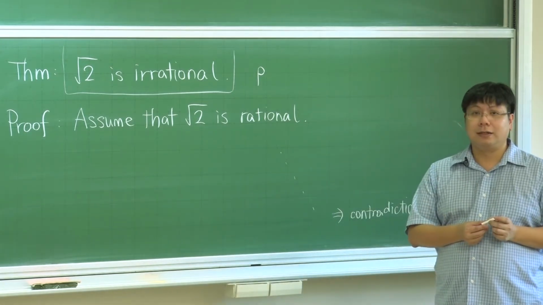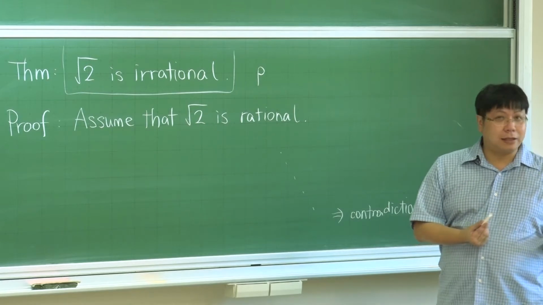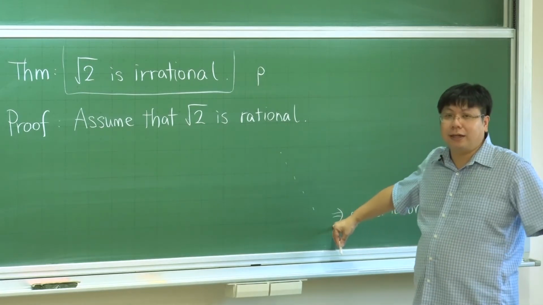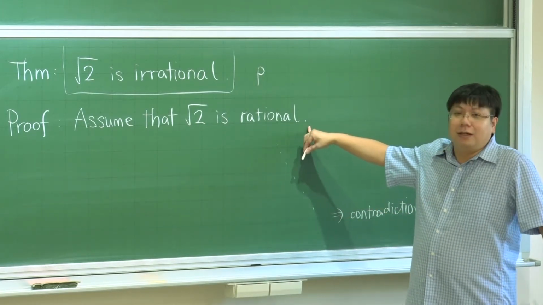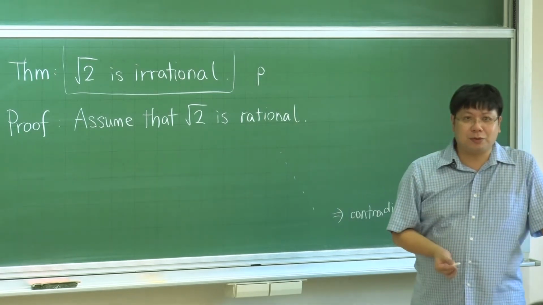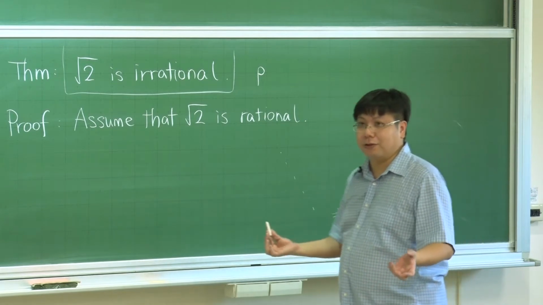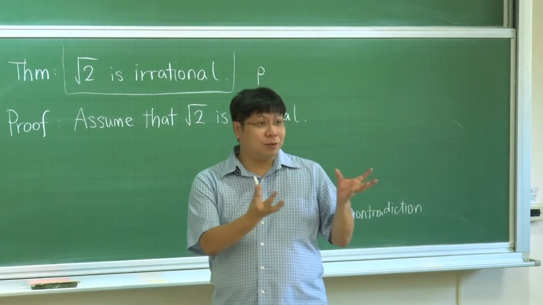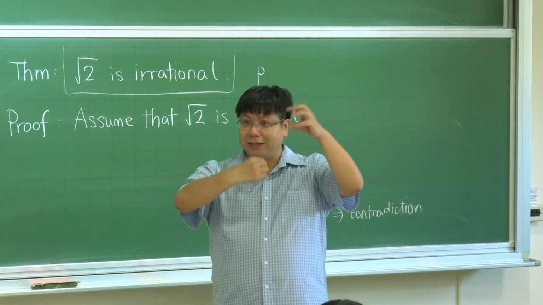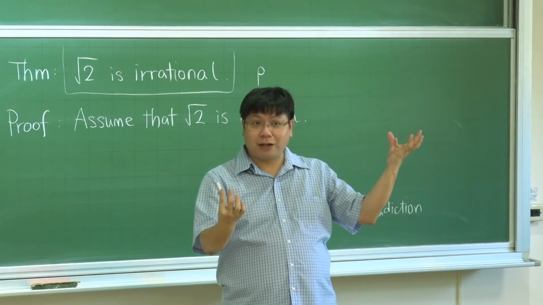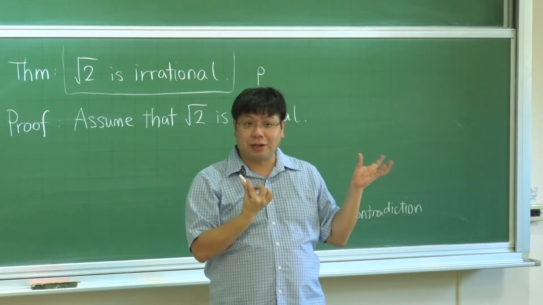Now, there is nothing that we can do directly here, so let's do this step by step. If we assume that square root 2 is rational, then what can we write down next? What is meant by rational? Rational means what? Okay, P over Q. Very good. It is a ratio of two integers, right?